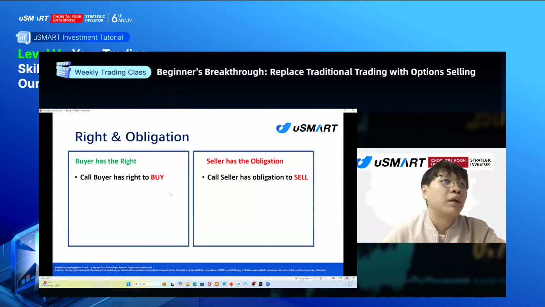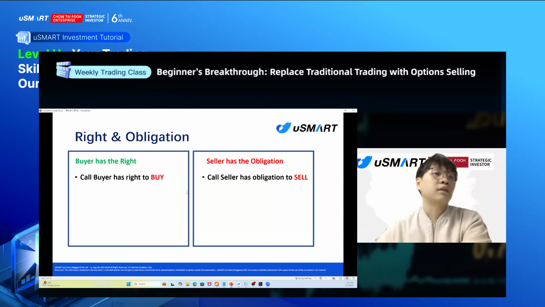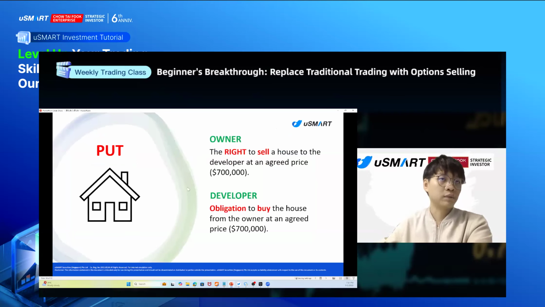And we already talked about there will be two types of option, right? The call option and also the put option. Now look at the put option. So this is the scenario if you're referring to a property selling. So in this case, I'm not a buyer, but I am the property owner.